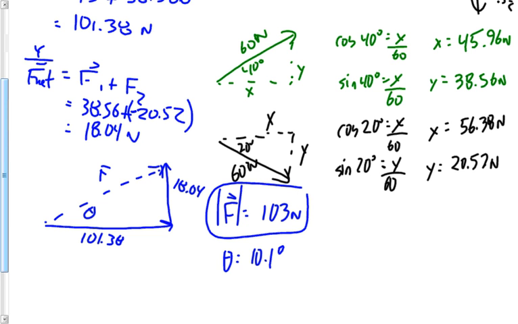Oh, sorry. If you use the unrounded numbers here, it was exactly 10 degrees. Okay. 10.0, 10.1, whatever works out to be, guys. It would be 10 degrees north of east there. All right?